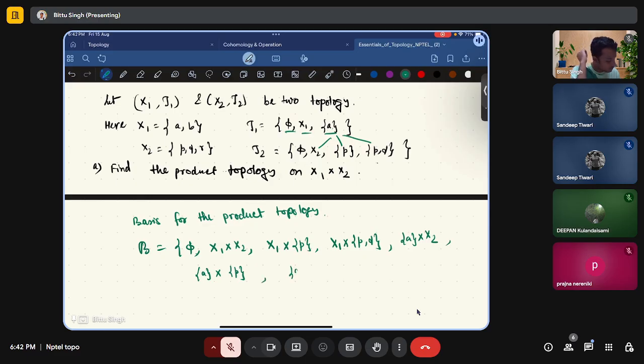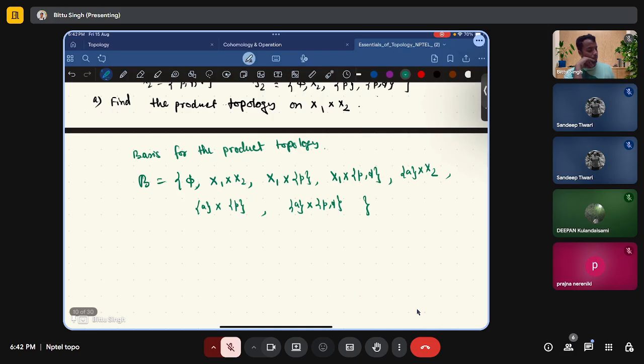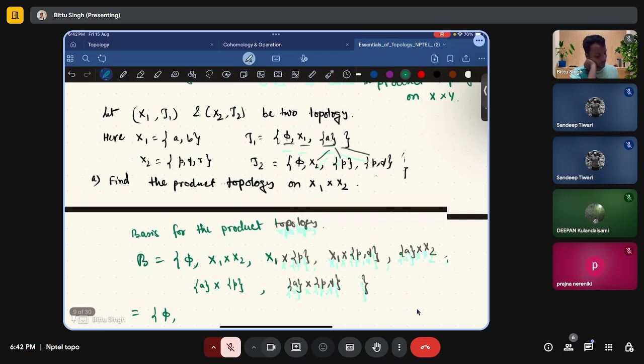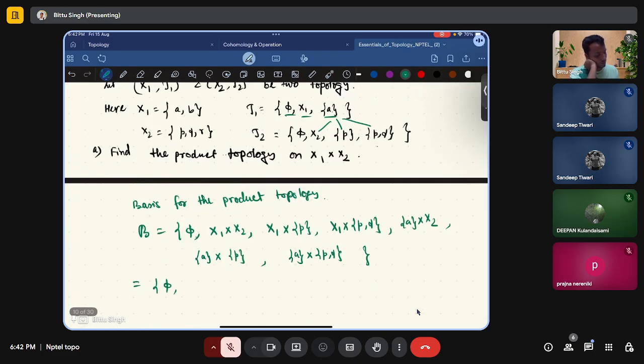So the notation will be like this. We can also write it in this way. I am not writing x1 cross x2. It will be all those pairs. There will be 2 cross 3, therefore 6 pairs.